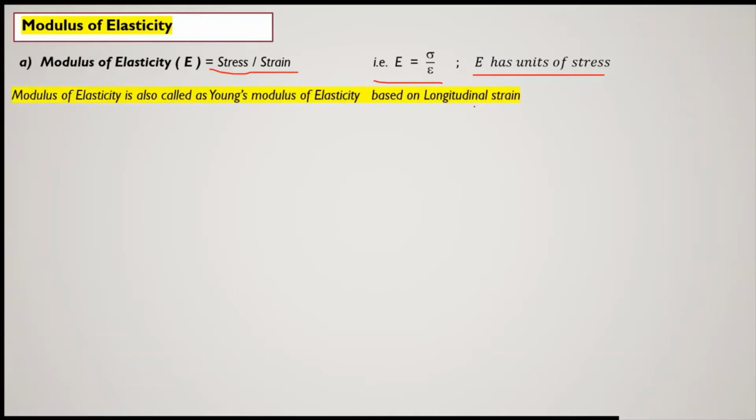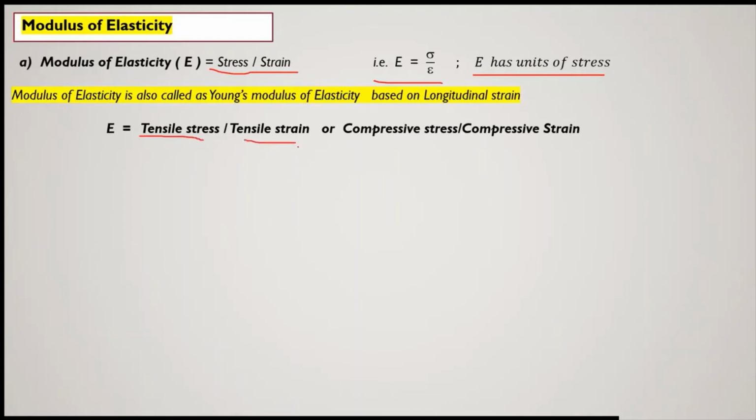So modulus of elasticity is also called Young's modulus of elasticity, which is based on the longitudinal strain. So E will be tensile stress upon tensile strain, or if compressive force is acting, then it will be compressive stress upon compressive strain.